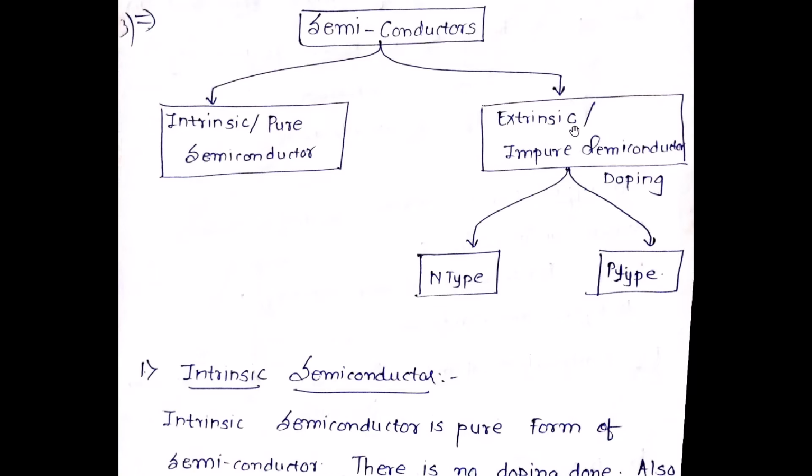The extrinsic semiconductor can be divided into N-type as well as P-type. So the semiconductors can be divided into two types. One is the intrinsic or pure semiconductor. The other one is the extrinsic or impure semiconductor. The extrinsic semiconductor can be divided into two types, the N-type and the P-type.